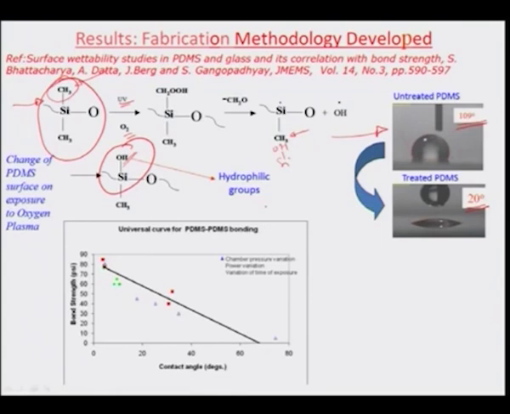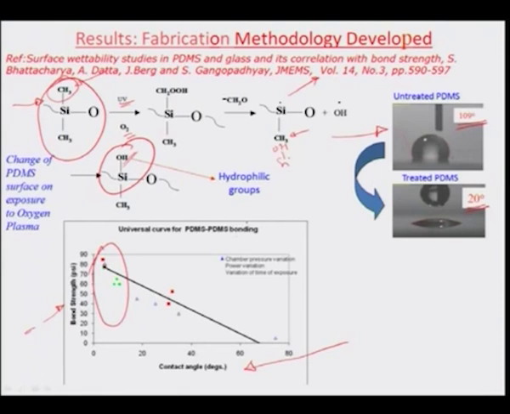So, the authors in this particular paper have developed a strategy where they can measure bond strength on one side and contact angle on the other, and they have correlated very nicely that if the contact angle can be taken down below about 10 degrees, then the bond strengths become very high.